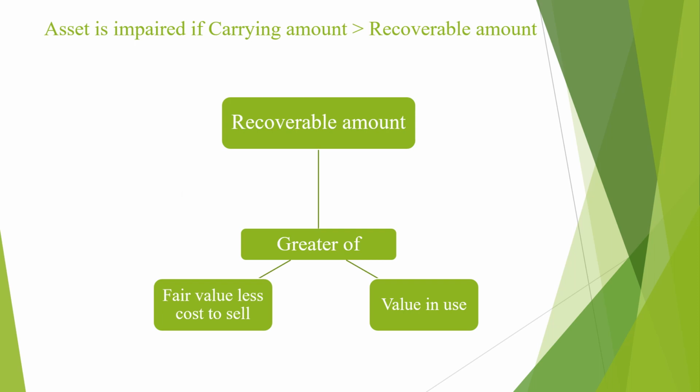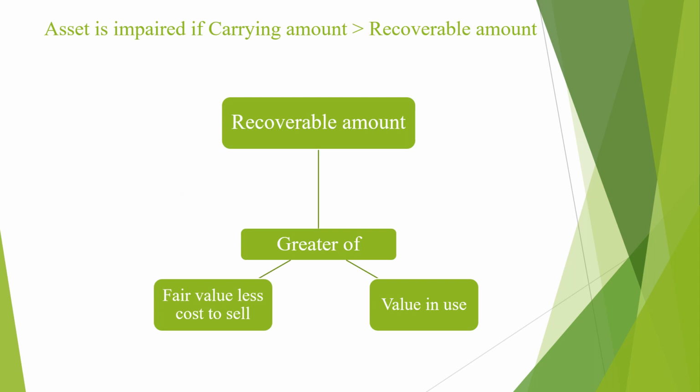If the carrying amount is more than the recoverable amount, it would not give a correct picture to the users of the financial statements, and therefore it becomes necessary to write down the asset to the recoverable amount.